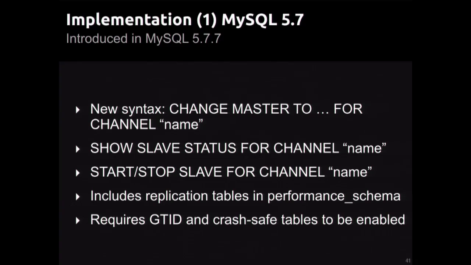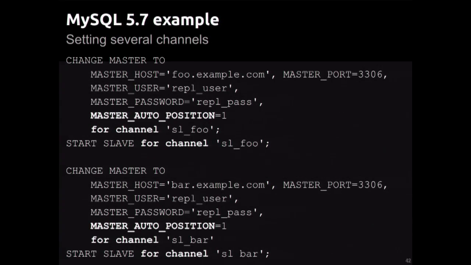You need to have GTID for this to work, which is good, because playing with multi-master without GTIDs is really bad. So let's see an example here. Change master to, you see for channel and the name of the channel, and there is master auto position equals 1. So you don't need to say, go to this binary log and position. The server will figure it out on its own.